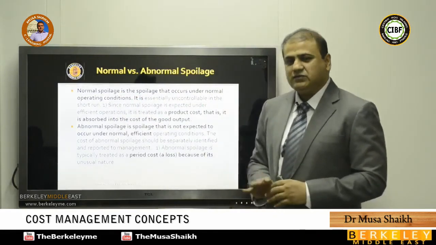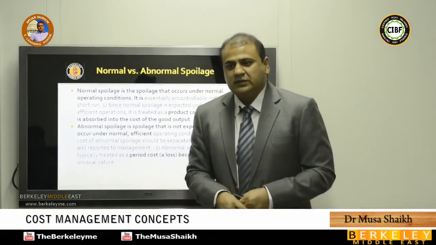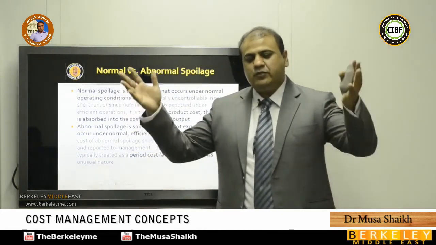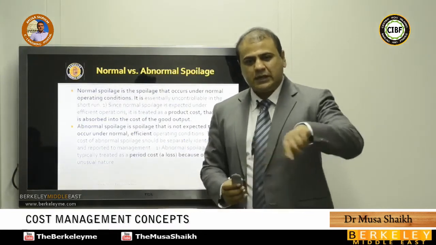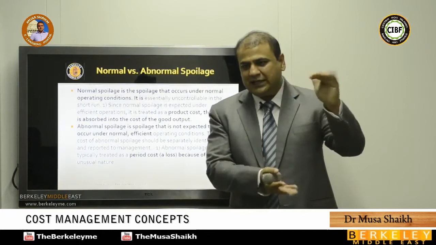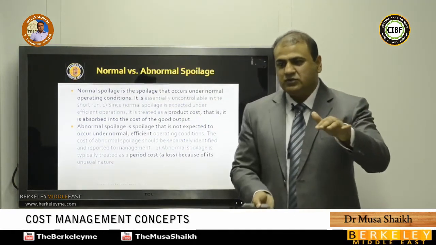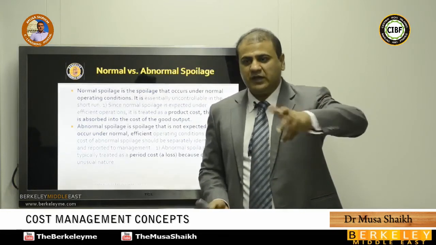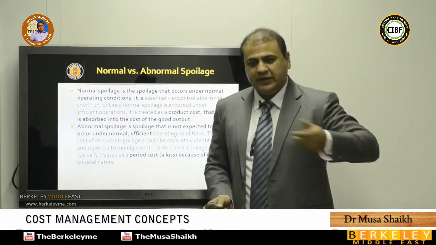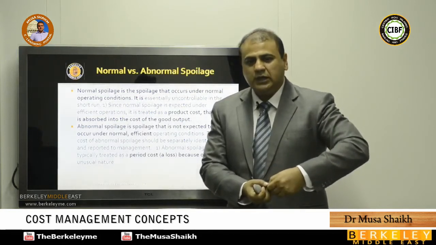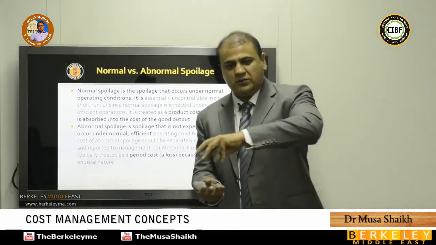In every business we have spoilage. For example, I'm talking about manufacturing. Some companies import big drums, cut them, and repack them into a gallon or liter or something. So when you cut a big drum, of course, some drops will fall here and there. In our home, when we bring a plastic pack of oil, you cut it and put it in the pots.